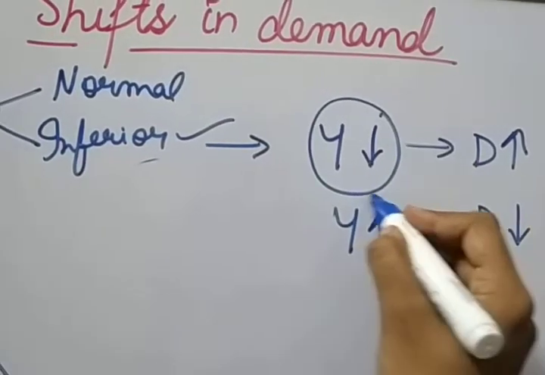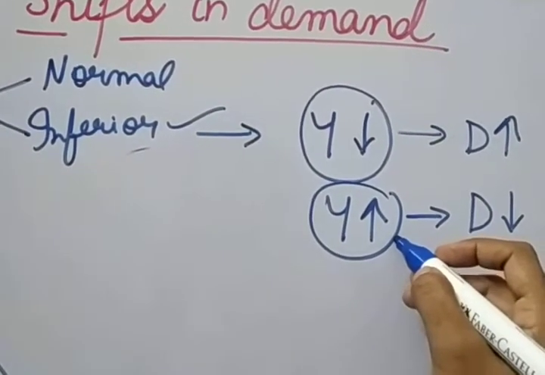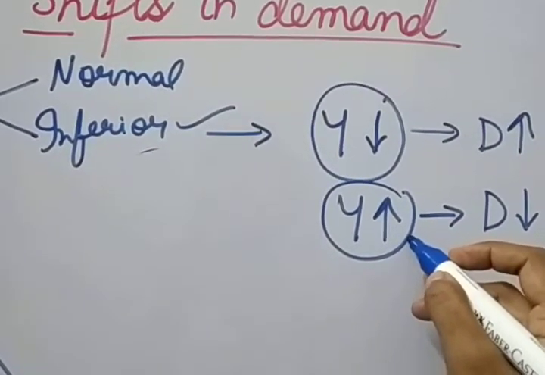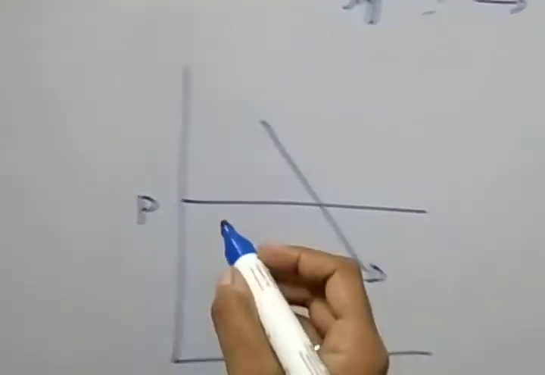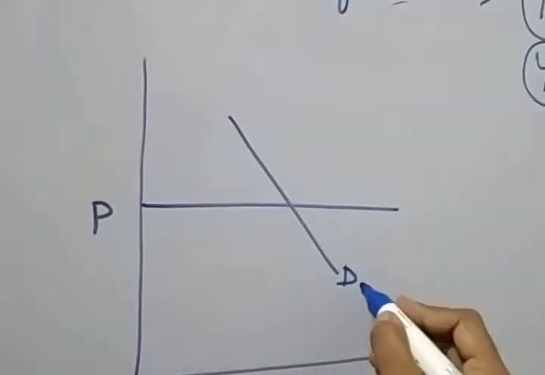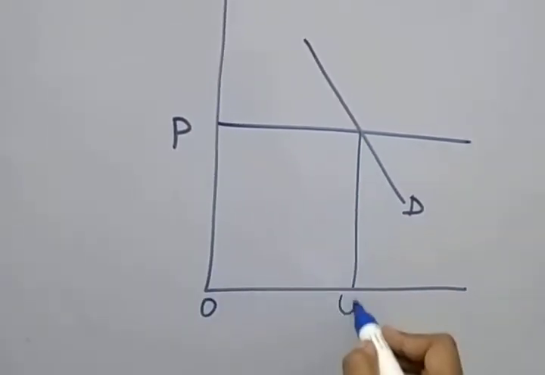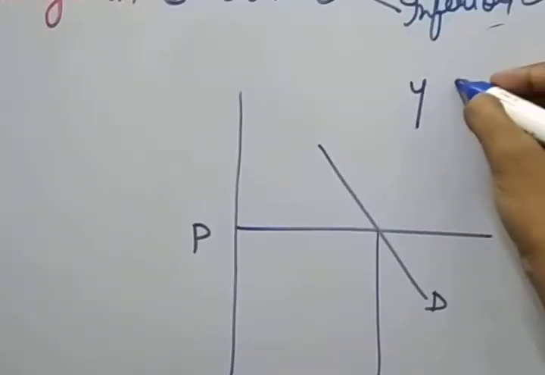Why? Because now his income has increased. So with the increase in the income, he can substitute to the superior goods or to the normal goods. So let's discuss with the diagram. If the price of the commodity is the same, the initial demand curve is D, the initial quantity is OQ. Now just imagine the income of the consumer reduced.